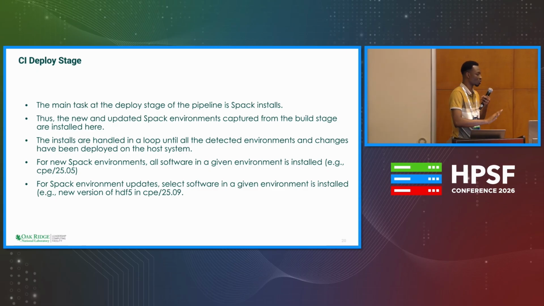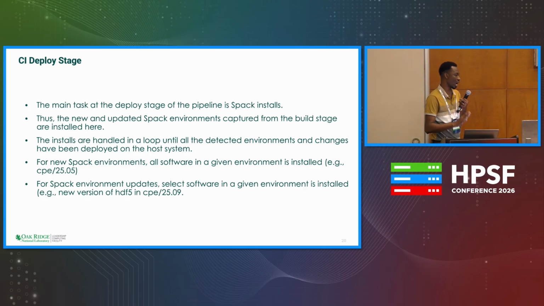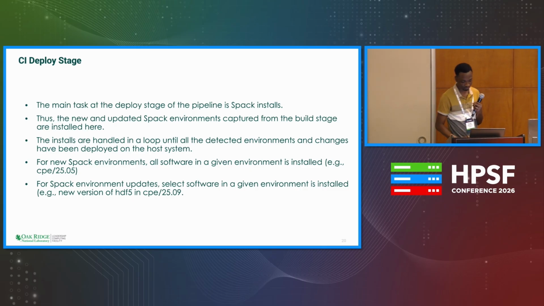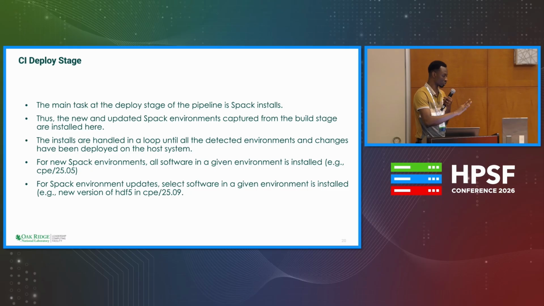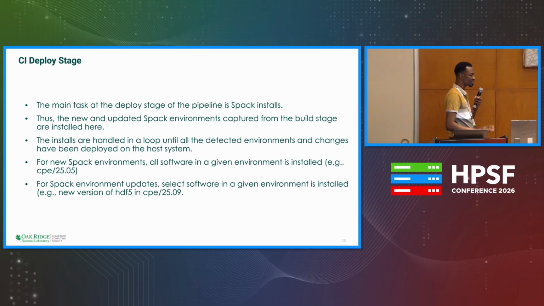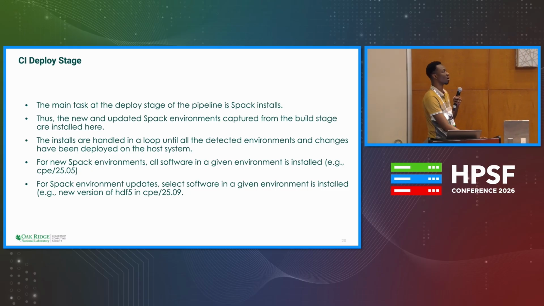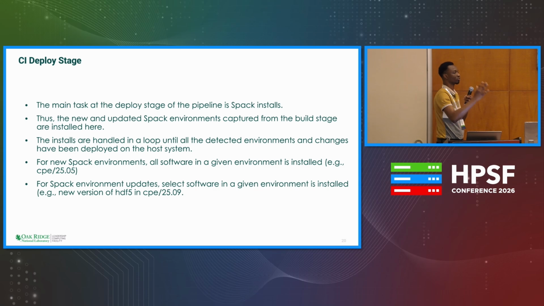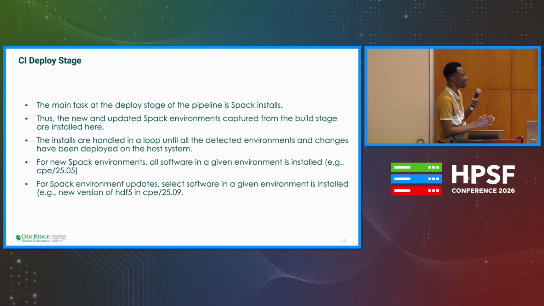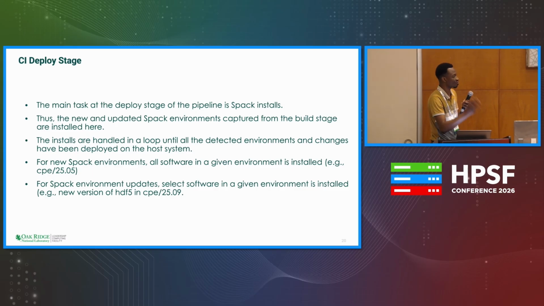Because at the deploy stage, all we are doing is using Spack for the installs. If it's an entirely new environment, then it's going to start everything from scratch. Now, if it is an update, then that's going to be in our changed environment file.